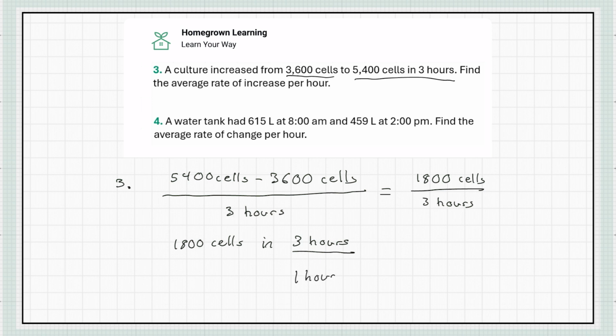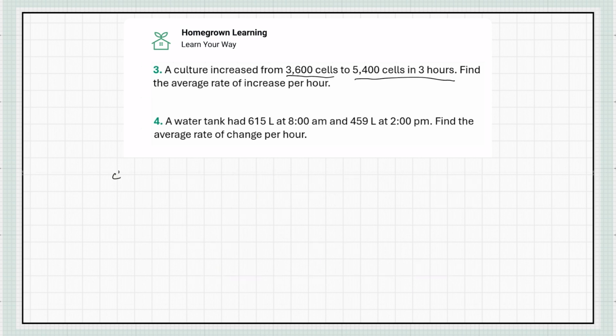And if we divide 1,800 by 3, we get 600 cells. 600 cells in 1 hour is the same as 600 cells per hour. So for every hour we leave this culture, we would expect the number of cells to grow on average by 600 cells. Let's look at question 4.